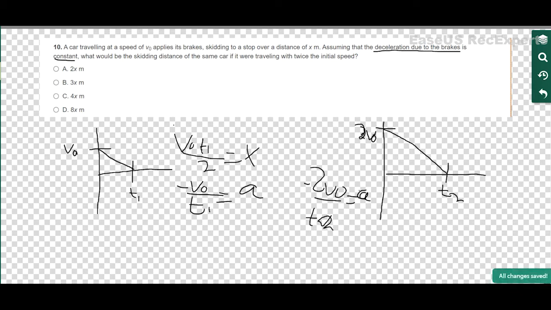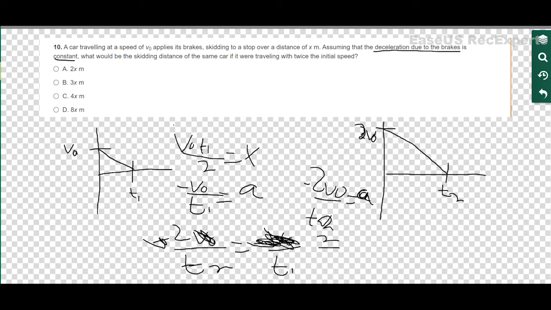Because A is constant throughout these two equations, you can set them equal to each other. And with this, now you can take out the V initial from both sides, and you can also take out the negatives.